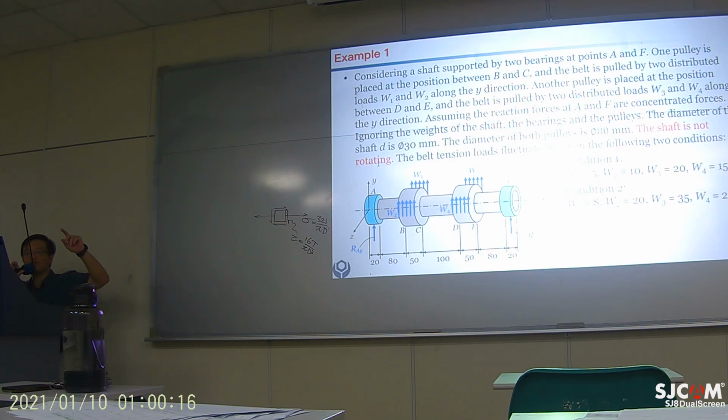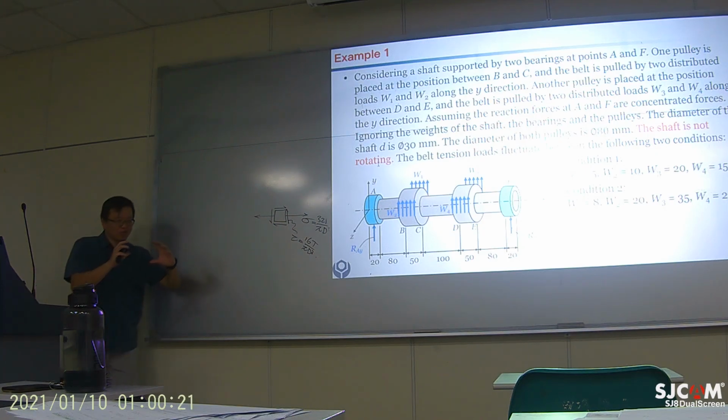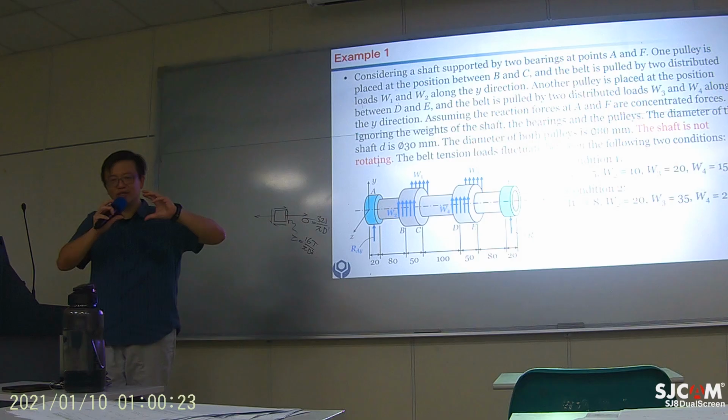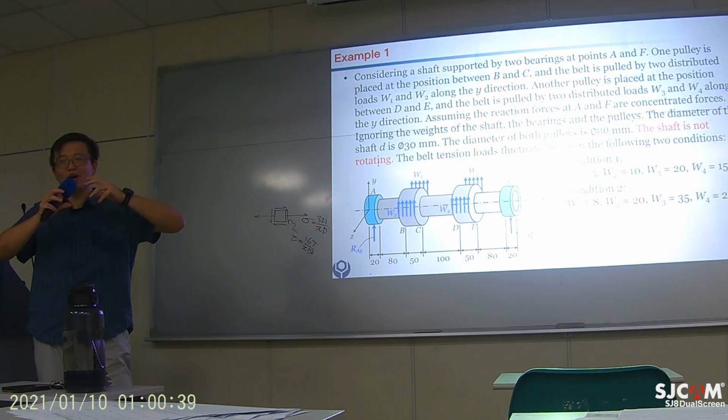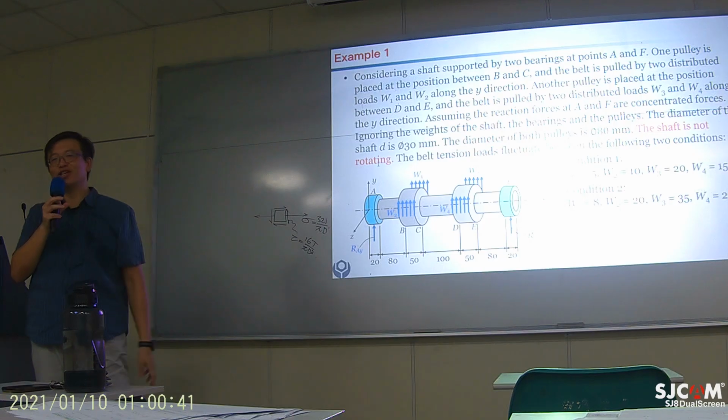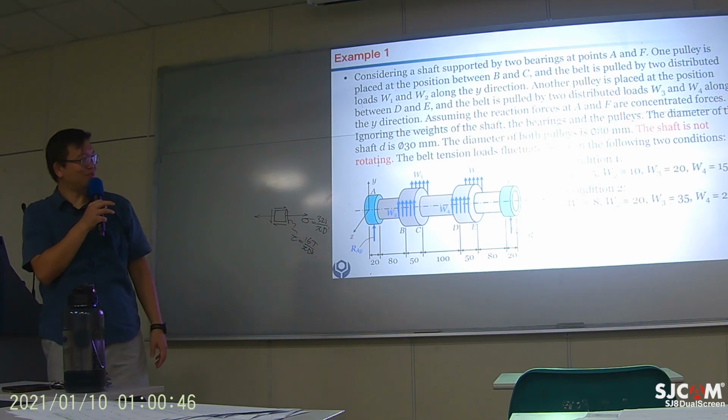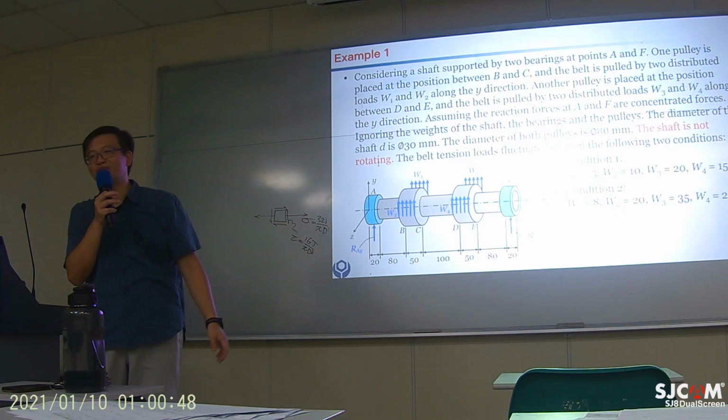The tension force changes. So it's like you're trying to twist the shaft, and the twisting force is dynamically changing, and you twist the shaft in a certain way so that the shaft is not rotating. Usually it doesn't happen, but it's just a math problem.